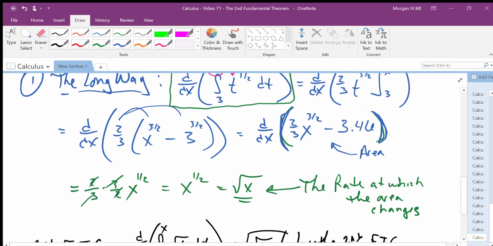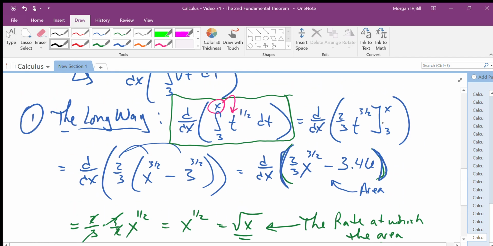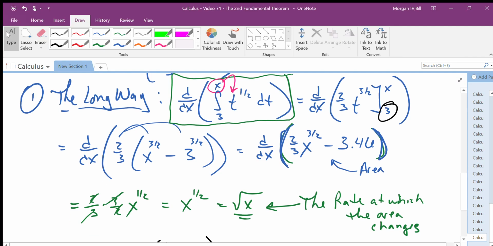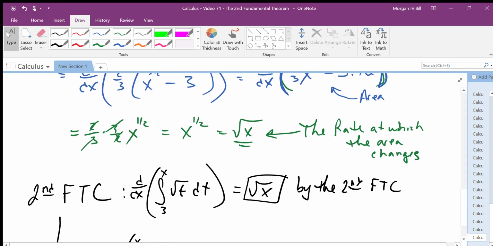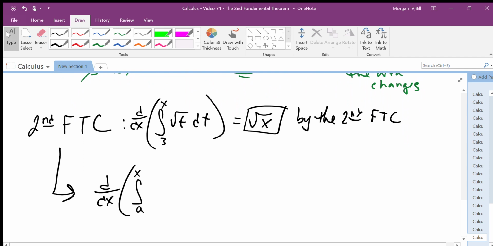Go back up to the top, in the long way, the constant 3 gave us, when we plugged it in, the value of negative 3.46. But when I took the derivative, what happened to the negative 3.46? It went to 0. So it didn't matter whether I started at 1 or 3 or 7, because when I take the derivative of that constant, it's going to go to 0. So any constant here works.